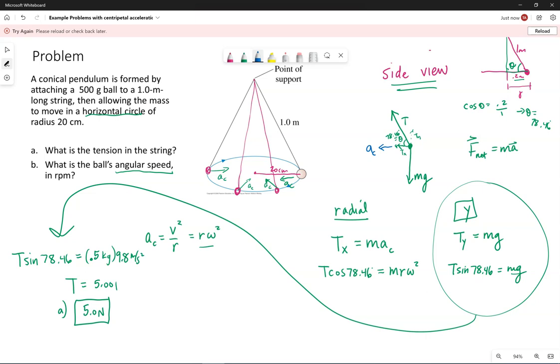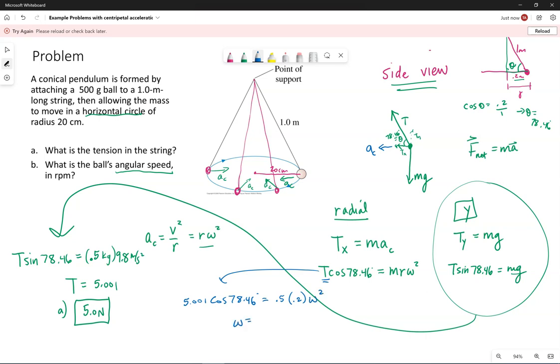That tension, of course, is the same as the T in the radial equation. So I can put in my 5 newtons times the cosine of that angle. That's the x component of the tension specifically. The mass we have, and r, the radius of the circle the mass moves through, is 0.2, in meters.